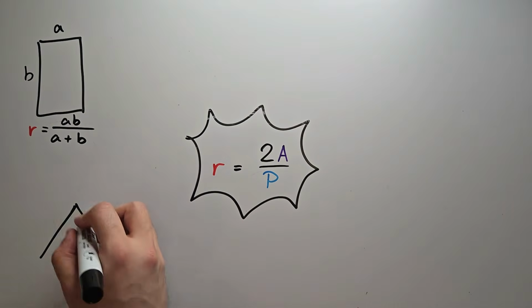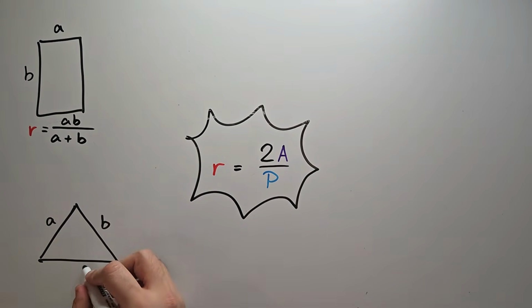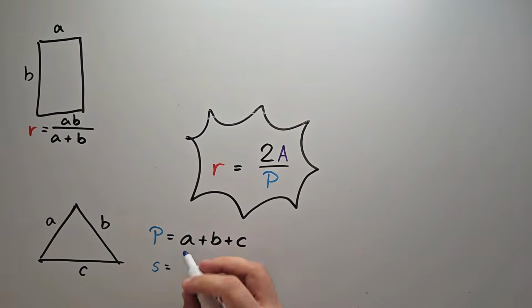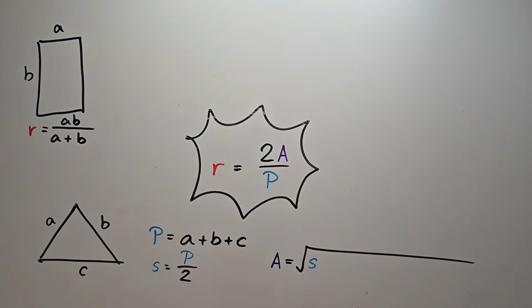Now let's look at a triangle with side lengths a, b and c. The perimeter is equal to a plus b plus c, and we can define the semi-perimeter s as half the perimeter. And by Heron's formula, we get that the area is equal to the square root of s times (s minus a) times (s minus b) times (s minus c).